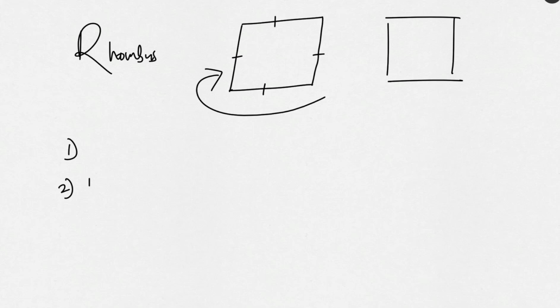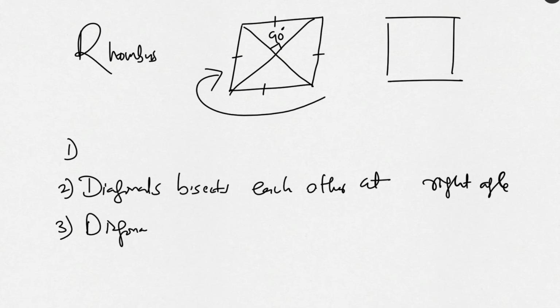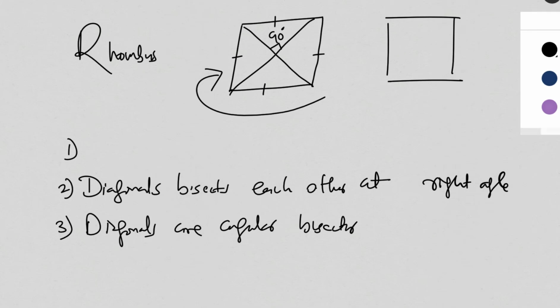The second point, which is interesting, is that diagonals bisect each other at right angles. So this diagonal is always 90 degrees. Also, diagonals are angular bisectors. That means this angle is the same as this angle.